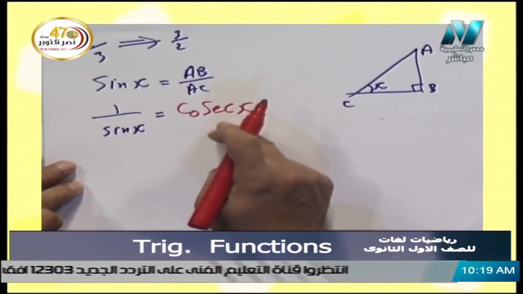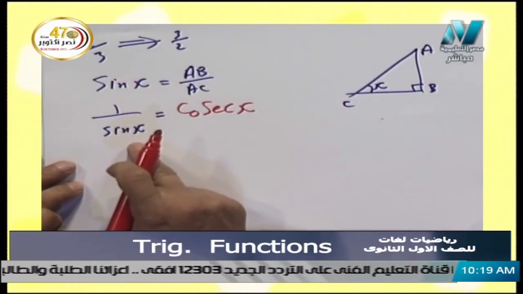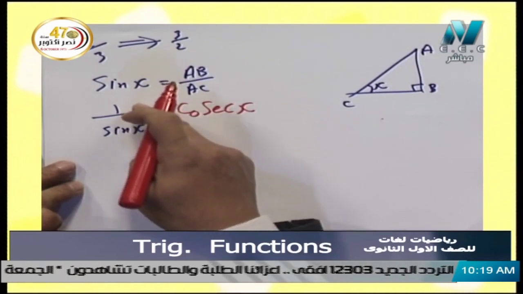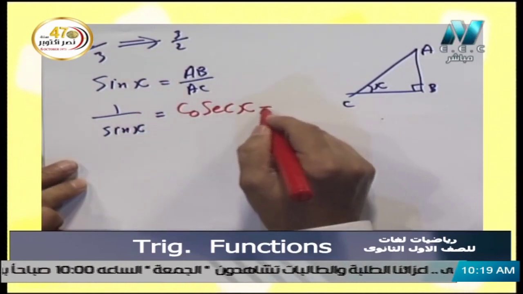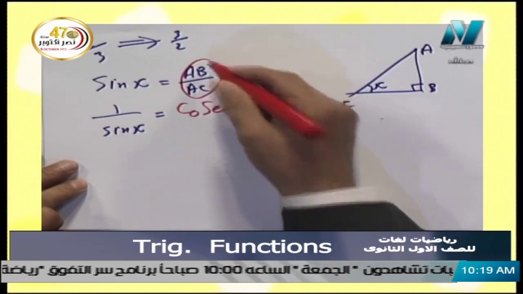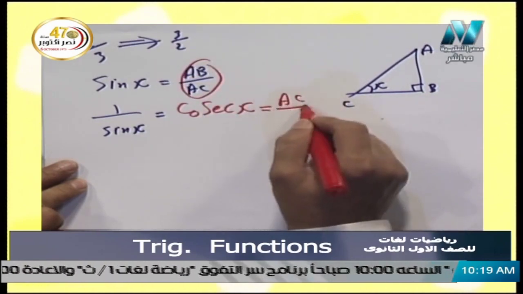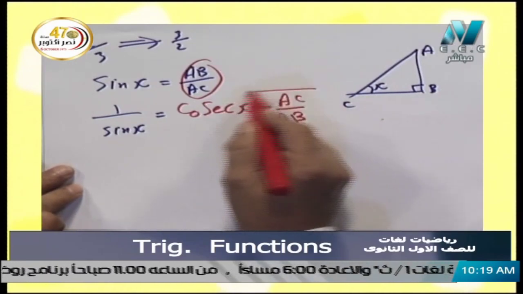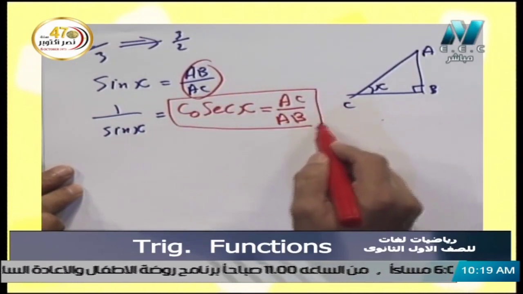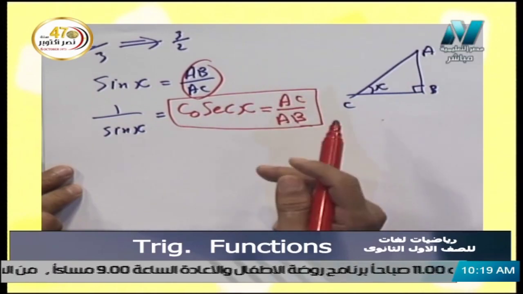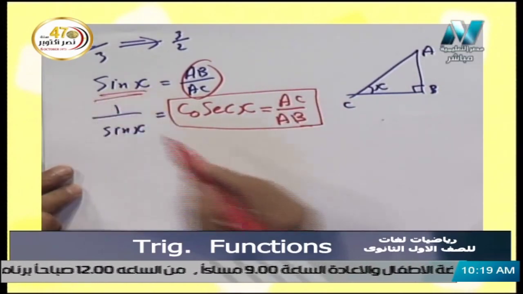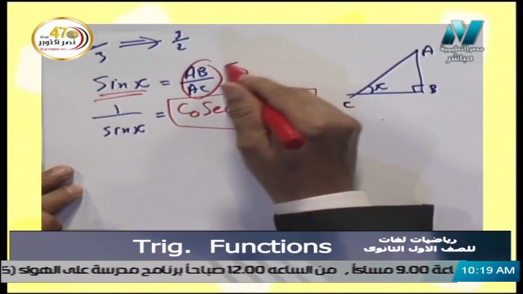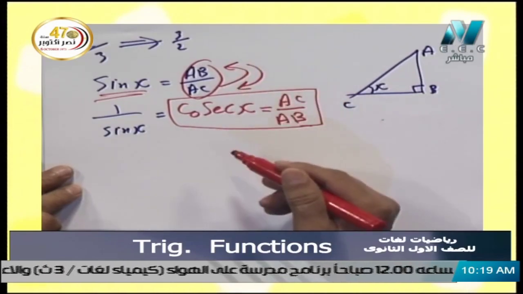Cosec x here equals 1 over sine, the reciprocal of the sine function, and of course it equals AC over AB. So cosec x is the reciprocal of sine, and the numerator becomes the denominator and vice versa.